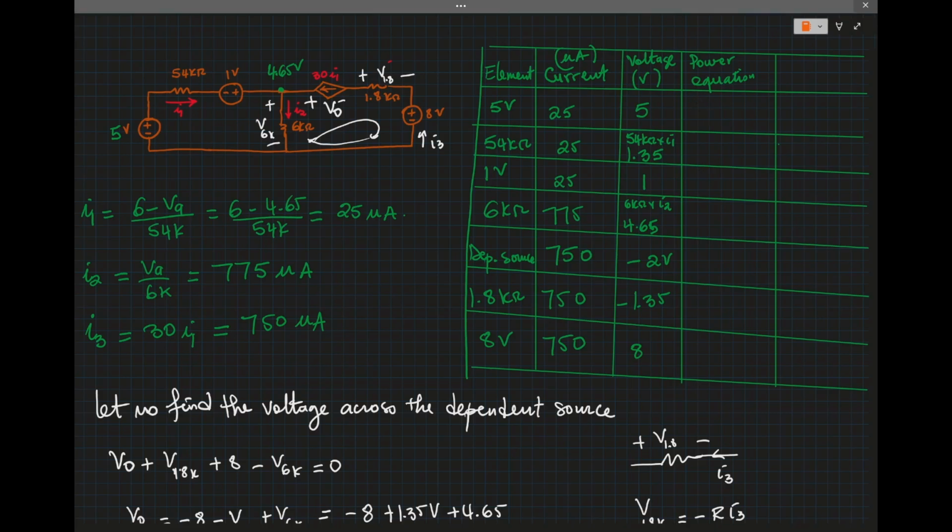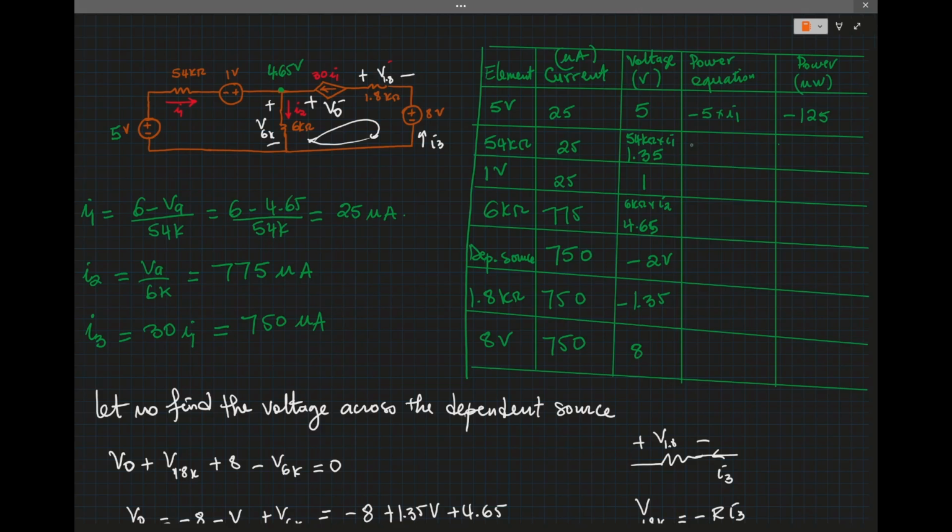For the 5 volt source, the current is flowing from minus to plus, so it's minus 5 times I1, and that is minus 125. So power here in microwatt is minus 125.